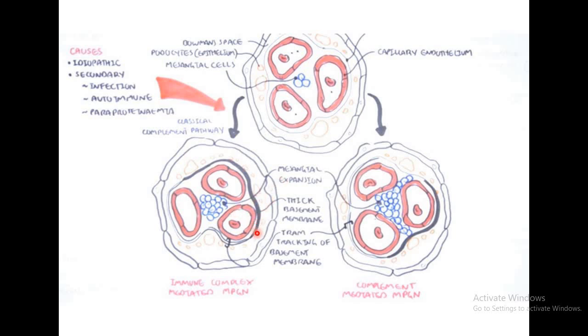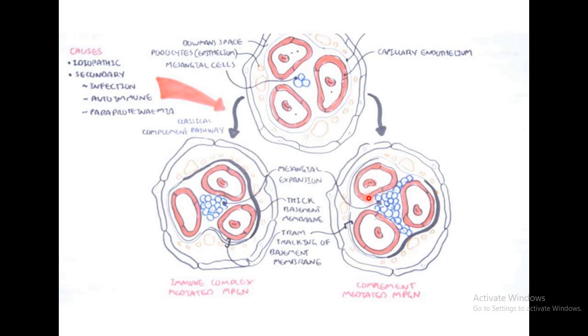First, the most important thing is, because there is deposition in the GBM as well as in the mesangium, deposition in the GBM will lead to thickening of the basement membrane. Deposition in the mesangium will lead to mesangial expansion, because there is expansion of the mesangial matrix and also proliferation of the mesangial cells. And what happens is, here there is extensive proliferation of mesangial cells, and this will get interposed on the capillary wall.